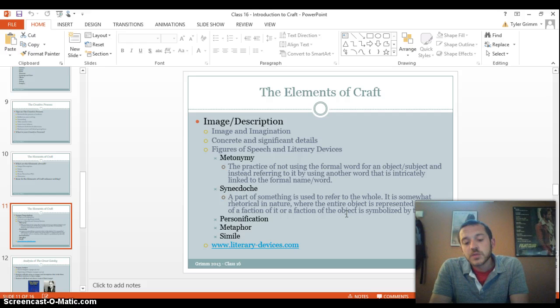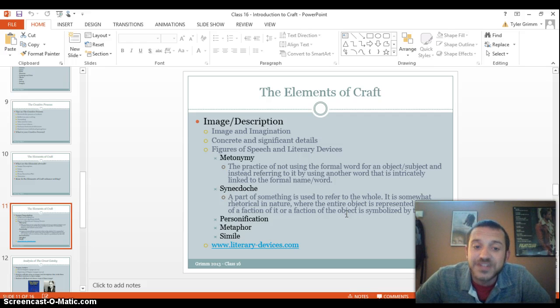And when you break down image and description, you can break it down into imagery and description, imagery and imagination, then concrete and significant details, description and sensory details are another one. But also within this are figures of speech and literary devices.